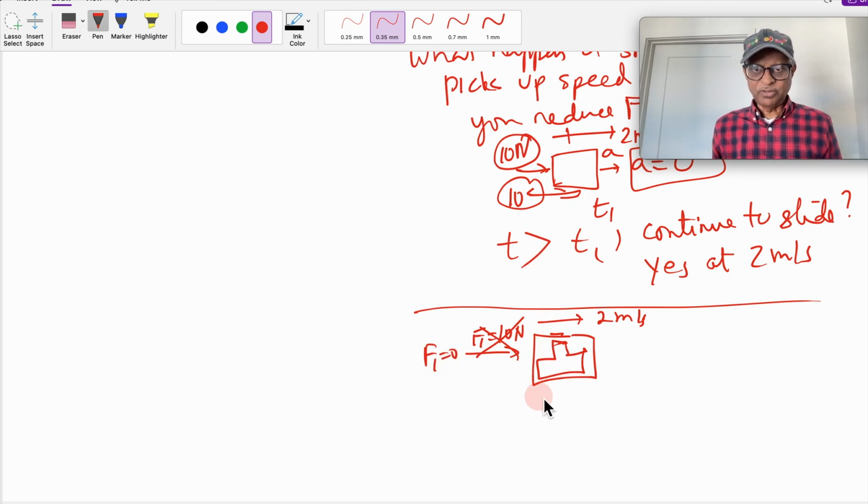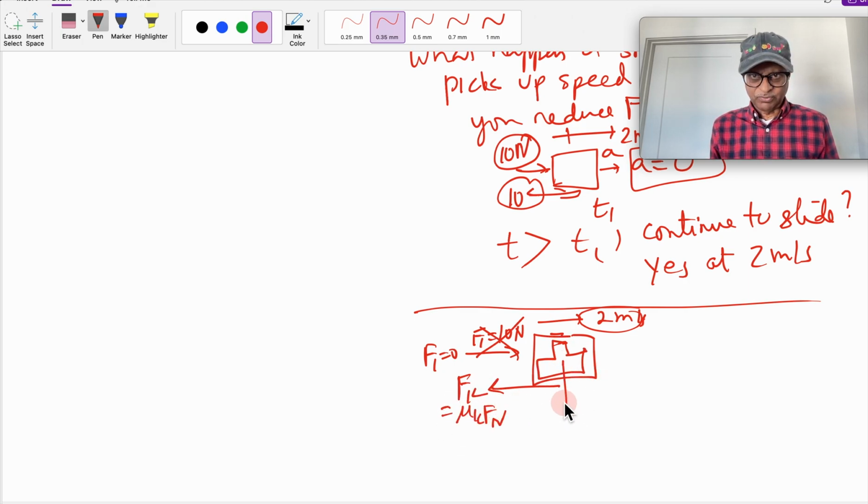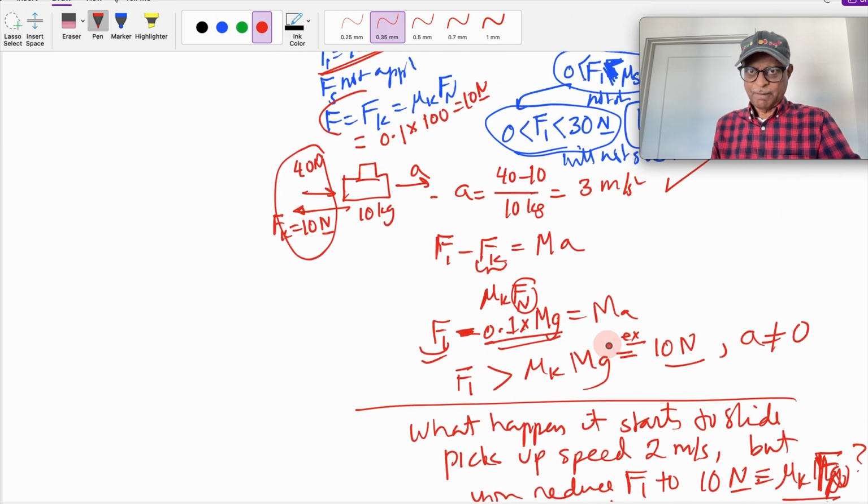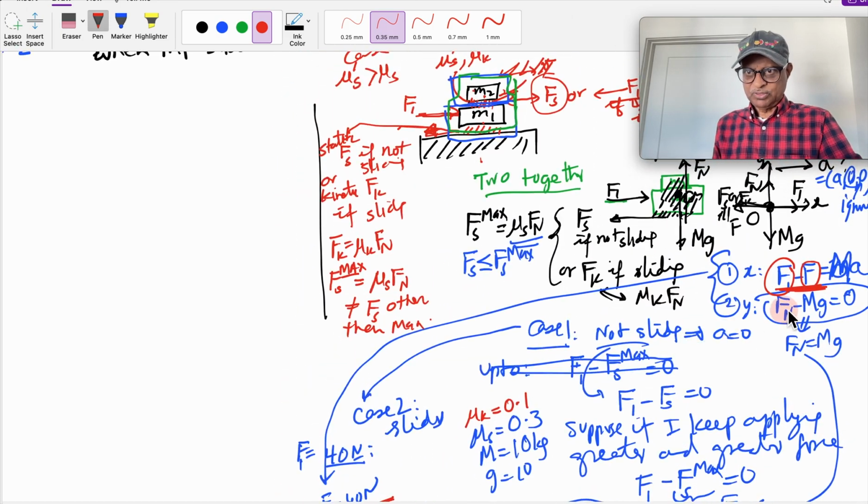Well, that doesn't turn off Fk, because it's just sliding. Fk is still mu k Fn, and Fn is mg, exactly the same situation as before. This is the same equation of motion, except now F1 is not there.